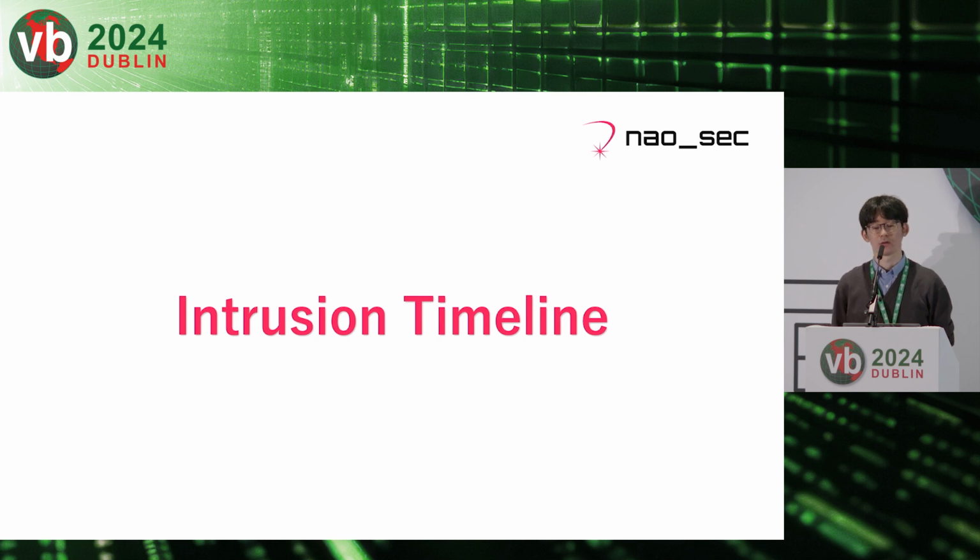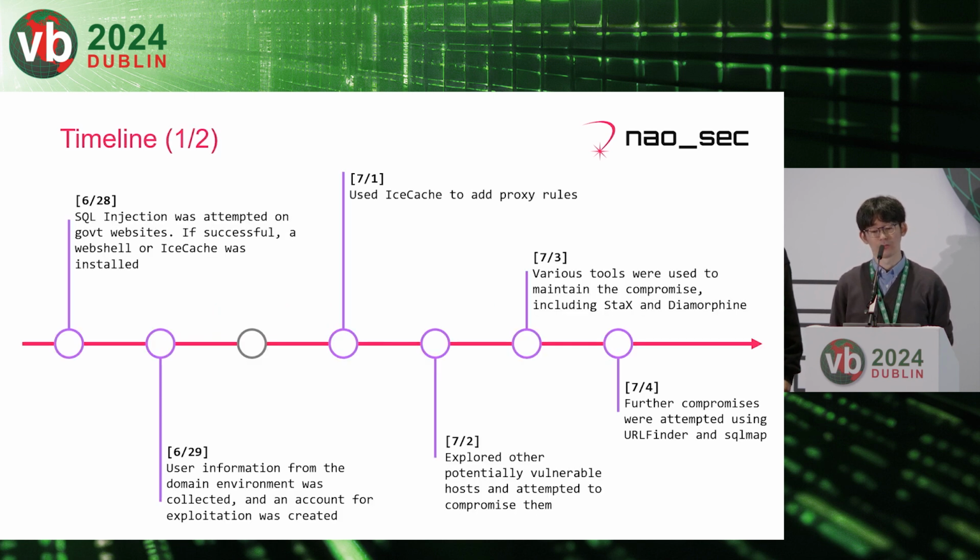Okay. Next, we will show the intrusion timeline we created from the Zsh history file. We obtained 2 weeks worth of command history from the Zsh history. Let's go through the events of each day. On day 1, the attacker tried SQL injection on many government websites.